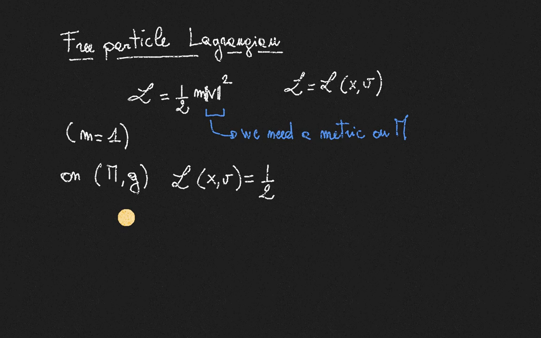Anyway, 1/2 of the norm of the velocity part, so 1/2 of g_ij v^i v^j. And if you think, what would you expect the trajectories of a particle to be under this kind of Lagrangian?